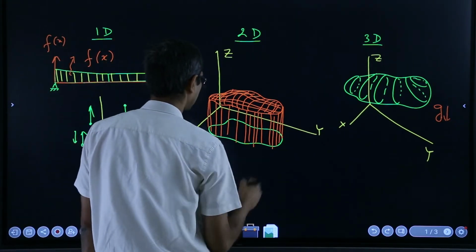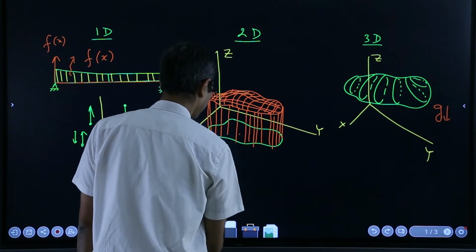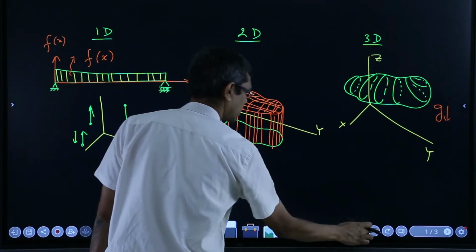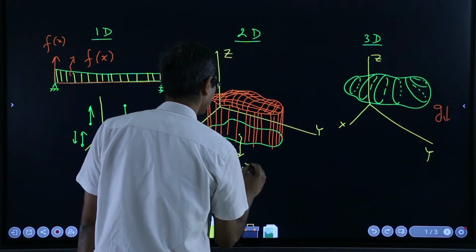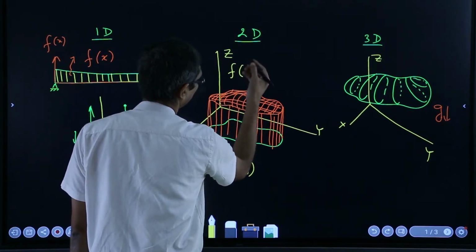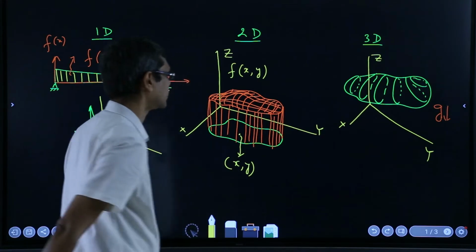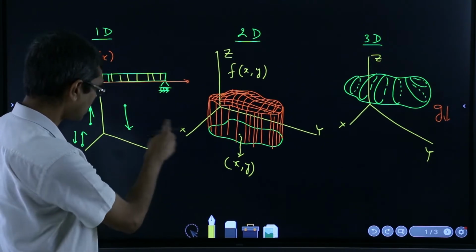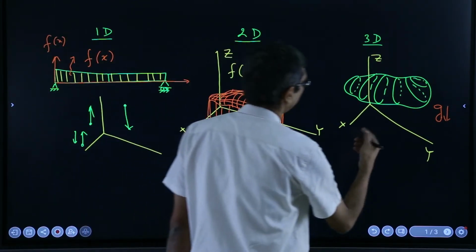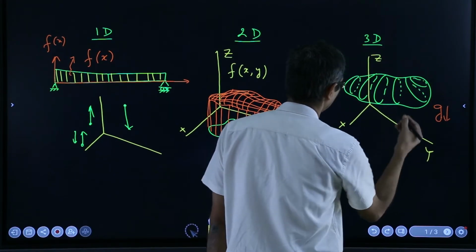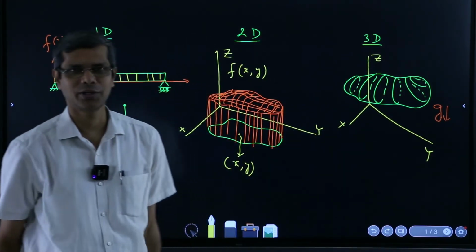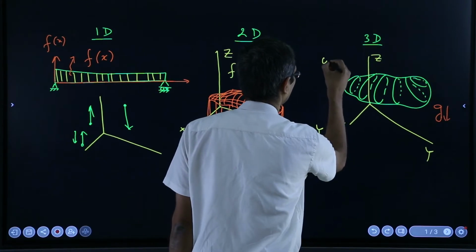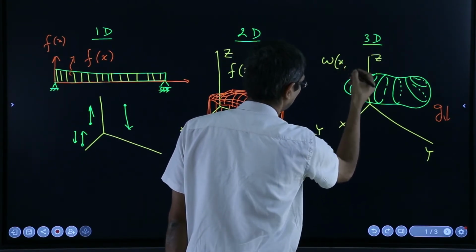Similarly, in this case, if this is x and y, any point will have a coordinate x, y, and the loading will be a function of x, y. This is the load acting on that green surface. And similarly here, I would need 4D to actually draw it, but you can imagine that at every point, the weight I am talking about is a function of the density.